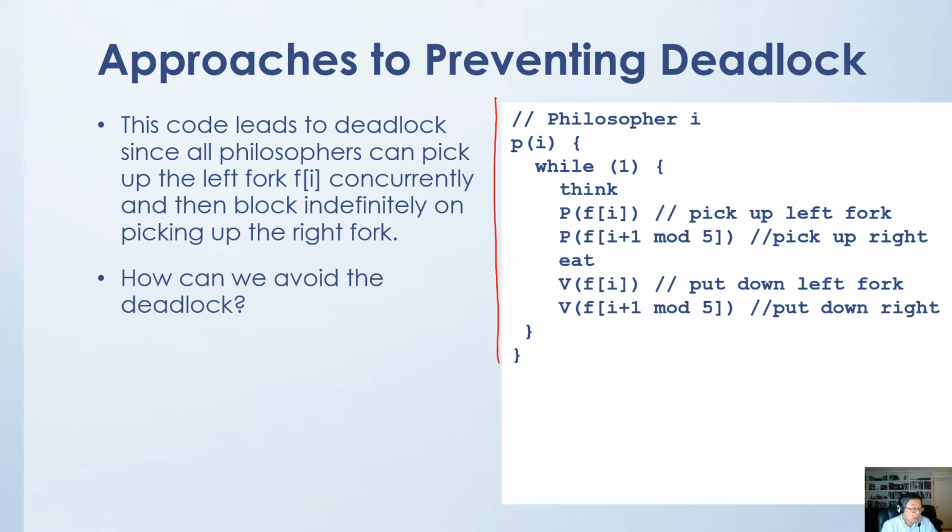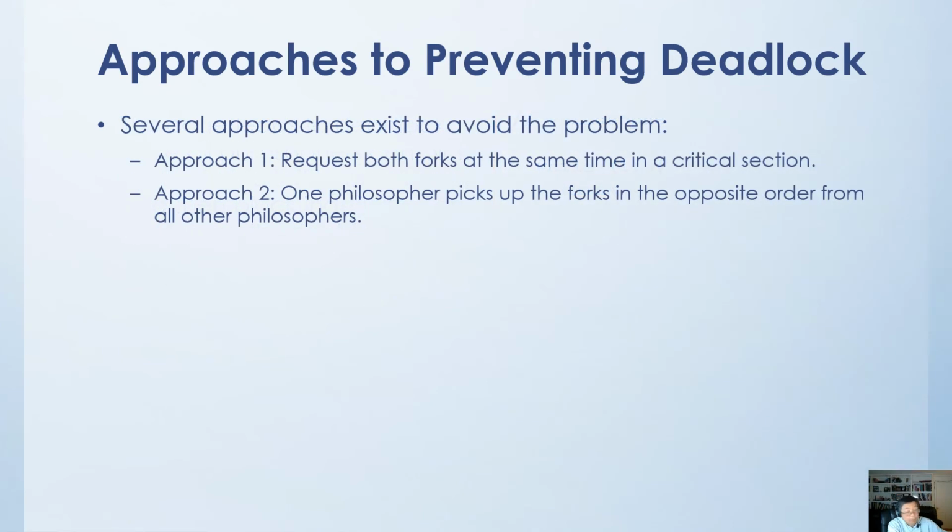That is a small chance problem, but it could happen, right? Now, how can we resolve that issue? Remember that using the semaphore, we cannot solve the deadlock problem. So how can we deal with it? There are several approaches we can use to avoid the deadlock problem. I listed two here.